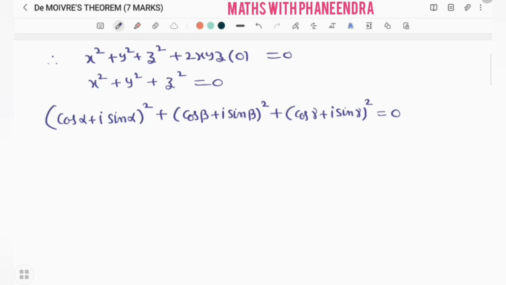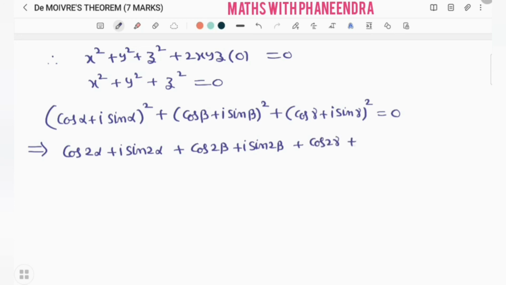So by using De Moivre's theorem, cos 2 alpha plus i sin 2 alpha, cos 2 beta plus i sin 2 beta, plus cos 2 gamma plus i sin 2 gamma is equal to 0. 0 can be written as 0 plus i into 0 now.